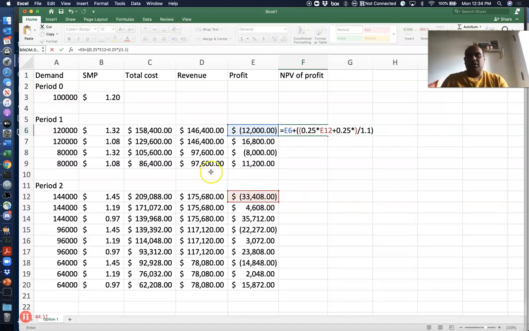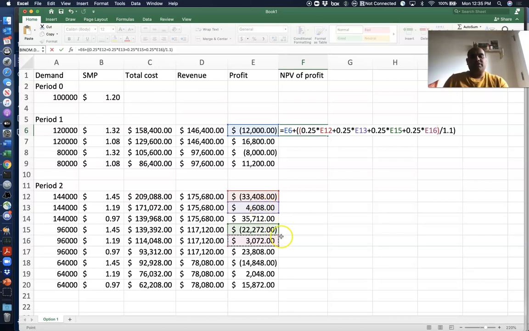Or there's a 25% chance that demand will go up, but price will go down. There is a 25% chance of demand going down, but price going up. Plus, there is a 25% chance that both demand and price go down. So 25% chance of each of these happening in the future.